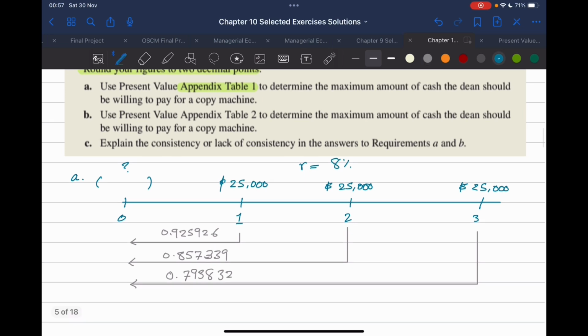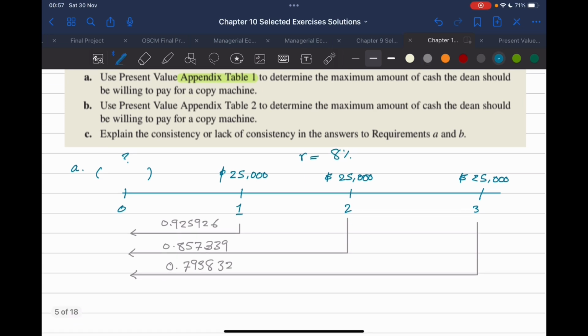The present value of the cash flow expected in the first year is going to be 23,148.15. So that's $23,148.15.